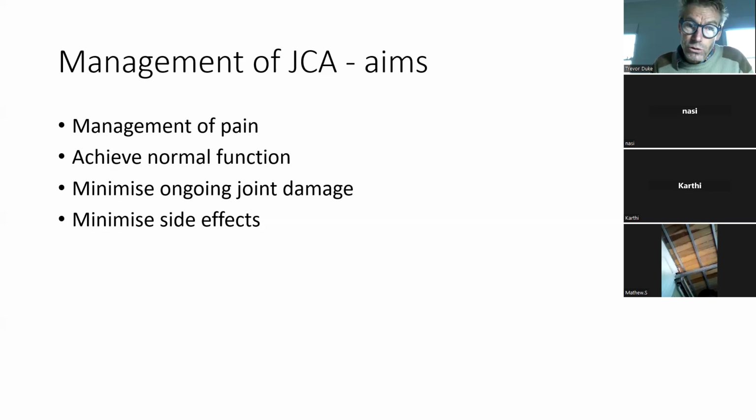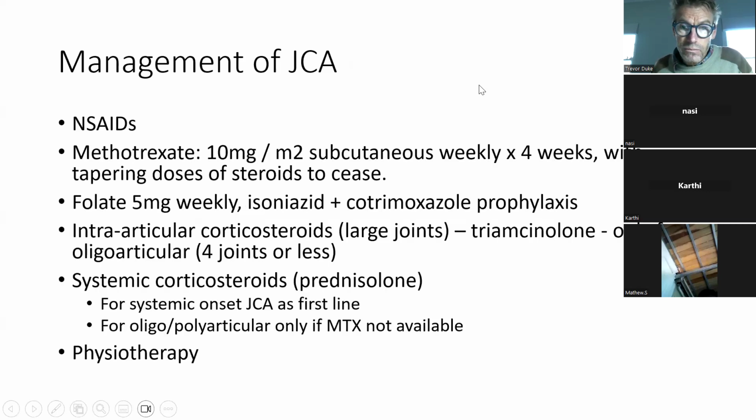But first of all, you control the pain, you achieve normal function if you can, you minimize ongoing joint damage, and you minimize side effects of the drugs that you're using. And everything that we do is based around these 4 aims. All the medications, the physiotherapy, everything, the lifestyle things, nutrition, are all based around these 4 aims.